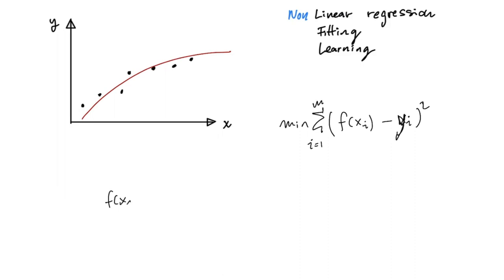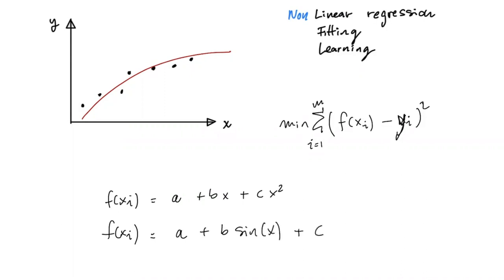And then for f of xi, I can say this is a plus b times x plus c times x squared, right? And I can even have a different type of function. For example, let's assume that we have a times b, some combination of sines and cosines, c times, let me put the cos of x, right? And you can come out with some type of function, it will always be the same problem.